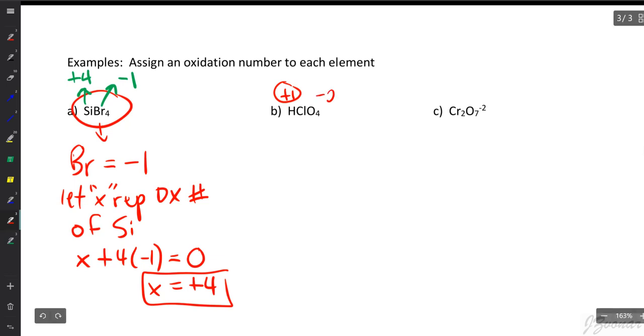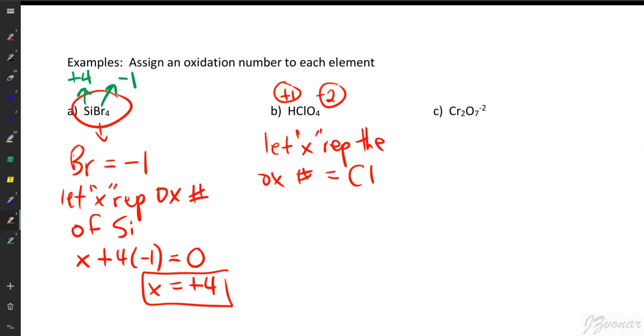Oxygen we know has to be -2, so the one that I'm looking for is actually going to be the chlorine. All right, so we're going to let X represent the oxidation number of chlorine. So solving this like a mathematical equation, I know I've got one hydrogen with a charge of +1. I've got X, which is going to represent the oxidation number of chlorine.